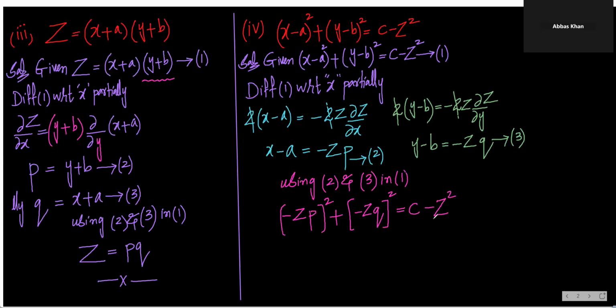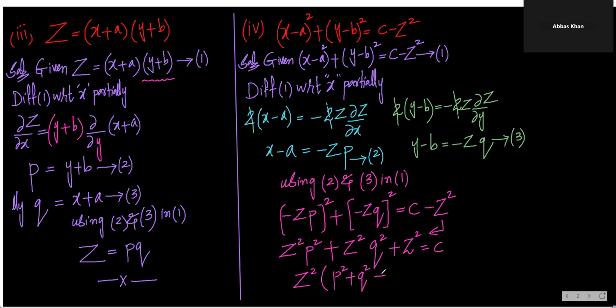Now here, on the right side, nothing gets substituted. This is the mistake students make. Minus squared, plus, we get z square p square, minus square plus becomes plus z square q square. And this minus we have to take to this side, plus z square is equal to c. If I take z square common, what do I get? p square plus q square plus 1 is equal to c.